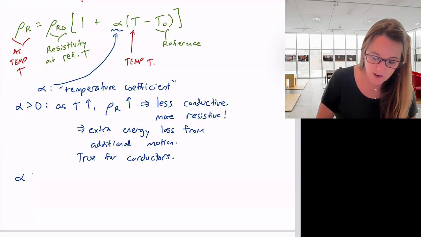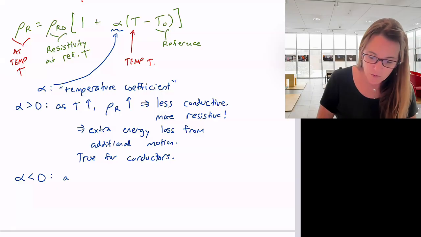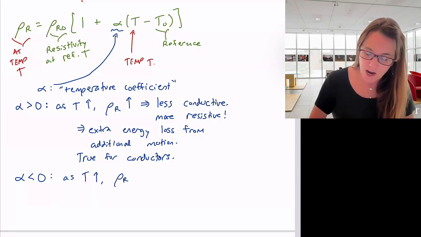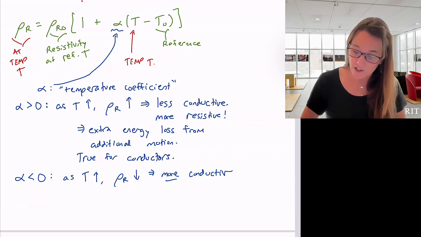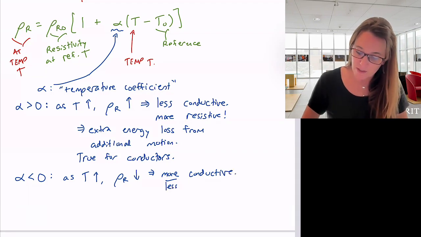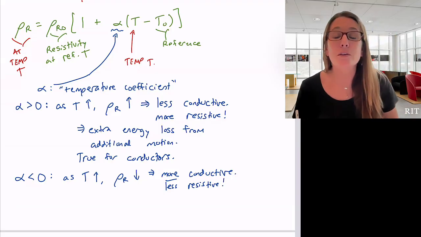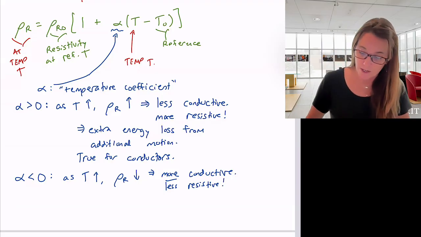If we look at the case of alpha less than 0, then as T increases, the resistivity actually decreases. And so this is actually going to become more conductive at higher temperatures, less resistive. And this is actually going to be true for insulators.